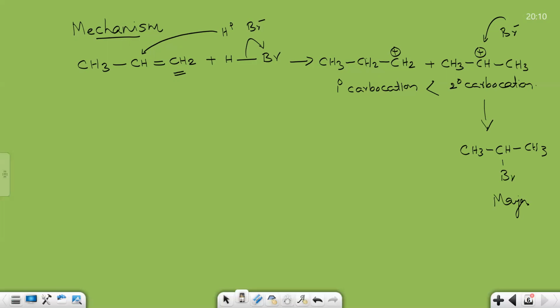The reaction depends on the stability of the carbocation. Among the primary and secondary carbocations, the secondary carbocation is more stable, so the rate of formation of the secondary carbocation is higher. Hence the bromide ion will attack it and 2-bromopropane will form in excess. Here too the reaction takes place, but the amount will be less, so this will be a minor product.